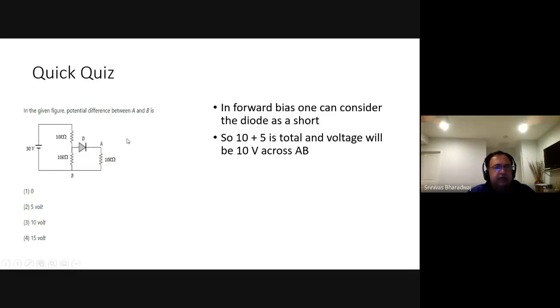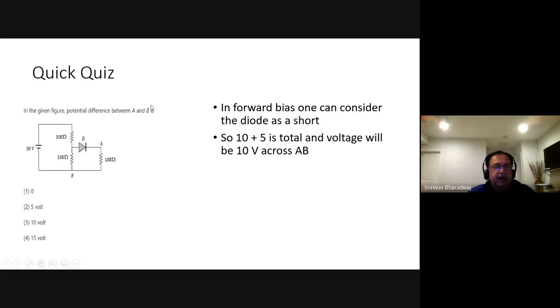Now if you just make this a short, then there is 10 kilo ohms, and then this 10 and 10 in parallel. The net of 10 and 10 will be 5, and this 10 is 10. Therefore, it's 15.